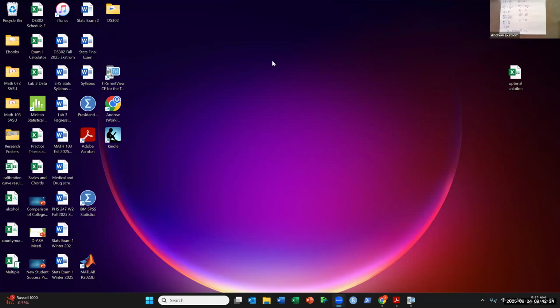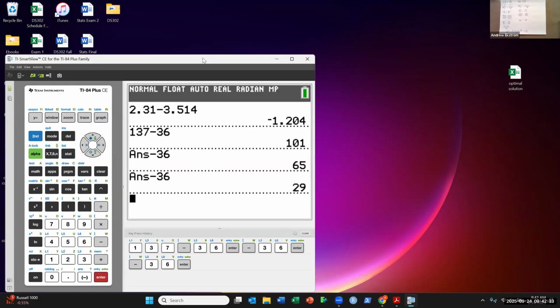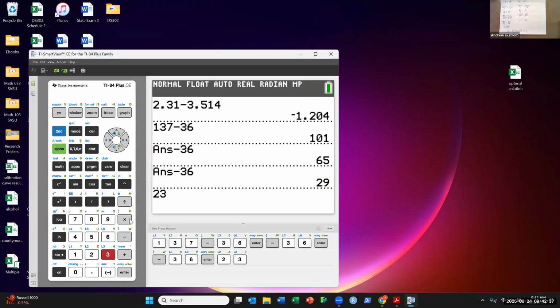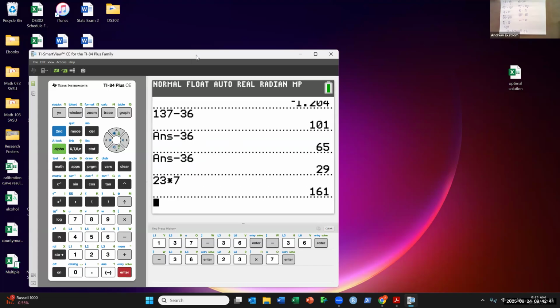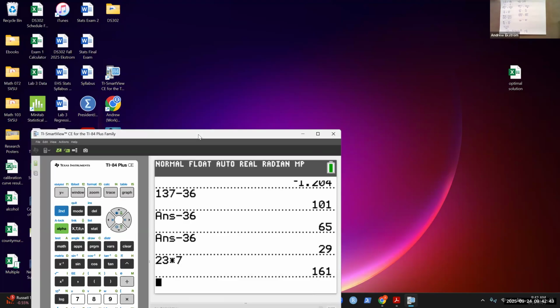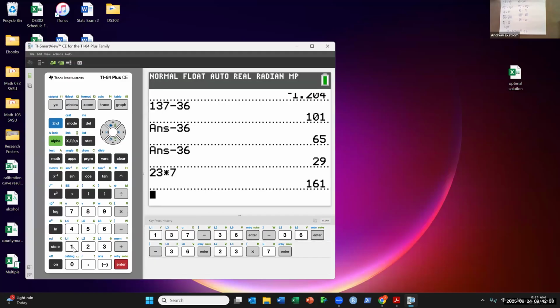Anybody remember those multiplication tables? So I've got to do what? 23 times 7. So it's 161. And then on the other side, 16 times 5.